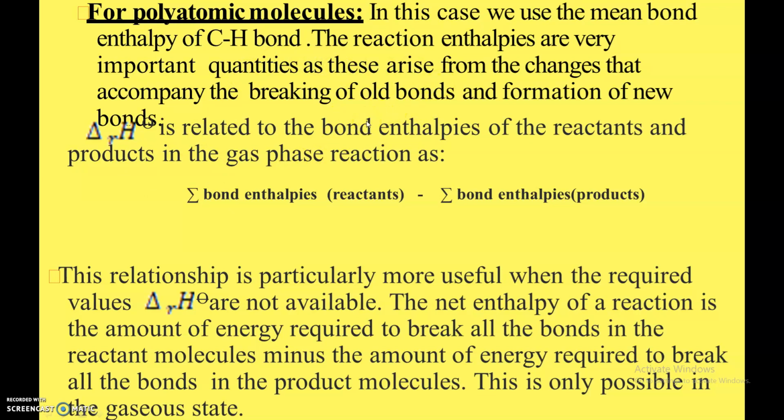In polyatomic molecules, the old bonds break and new bonds form. So bond breaking occurs here and bond forming also occurs here. So it's important. Generally we can give a formula: sigma bond enthalpy of reactants minus sigma bond enthalpies of products.